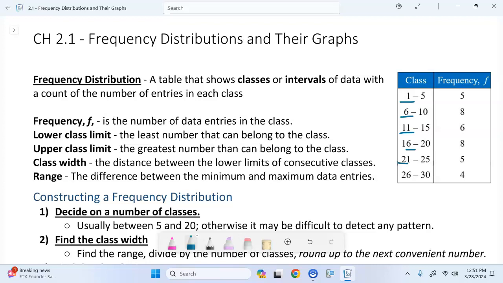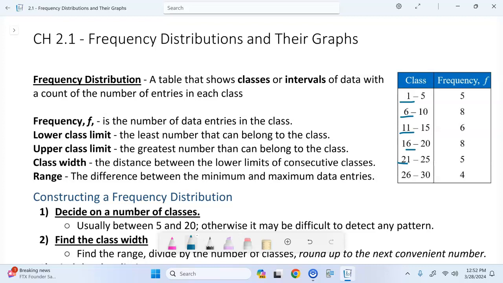All the way down. So that difference will be common within every single class between consecutive lower limits or consecutive upper limits. The range tells us the difference between the minimum value and the maximum value of the data set. We use the range to find our class width.